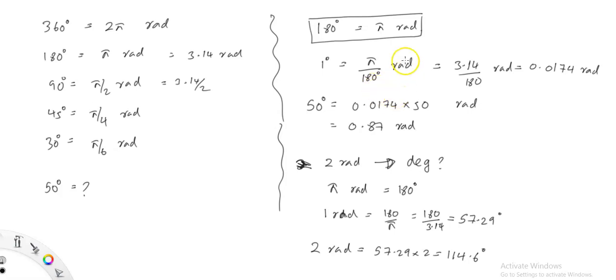My recommendation is remember this or remember this: 360 is 2 pi radians or 180 is pi radians. When you know that, you can manipulate it and find whatever other angles you want. Okay, so this is how you go back and forth between radians and degrees. Alright, so let's move on to a new topic.